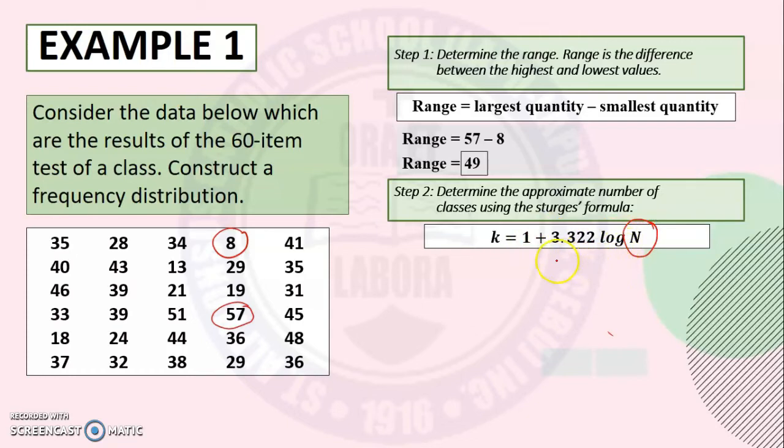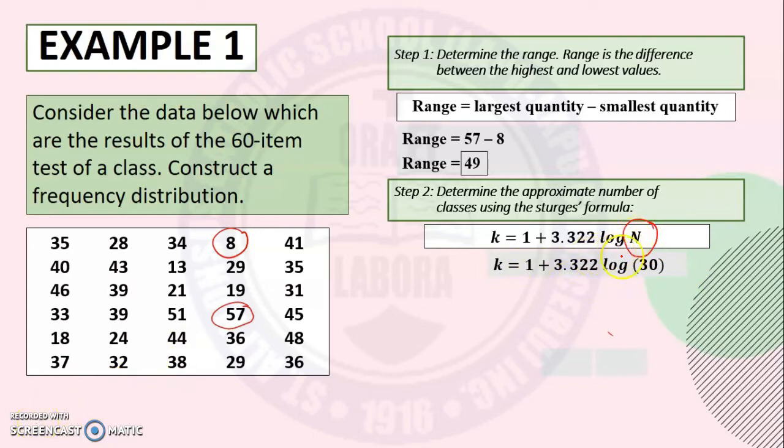The value of n is just the total number of data. So we will count all these values. How many are they? They are 30. So we will just substitute 30 to n. So this will become 1 plus 3.322 log 30.